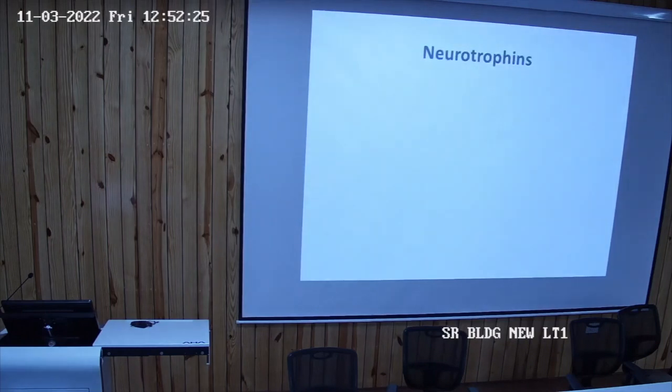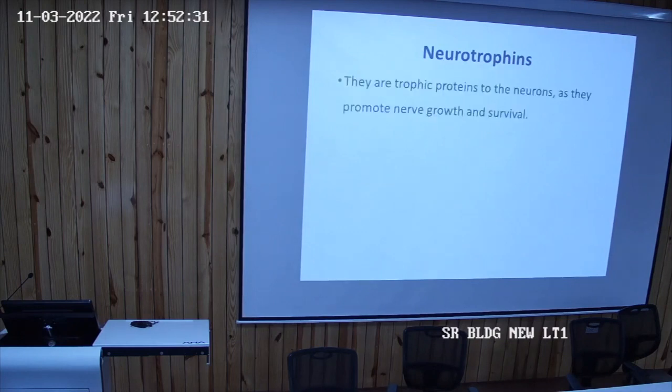Then there are the neurotrophins. So neurotrophins, as we discussed, are proteins for the neuron. They are promoting the nerve growth and survival, and they are produced by the nerve, muscle, gland, and astrocytes. Astrocytes, glial cells, ये सारे produce करते हैं neurotrophins.